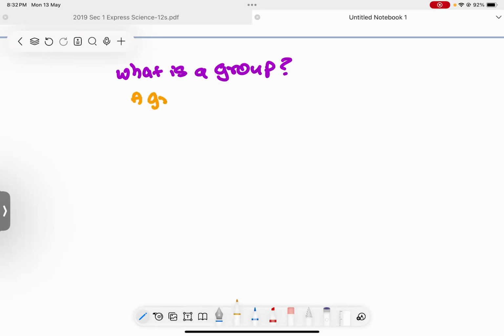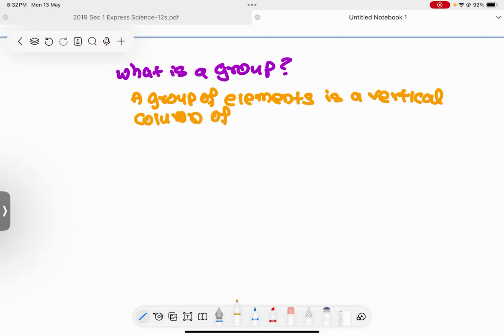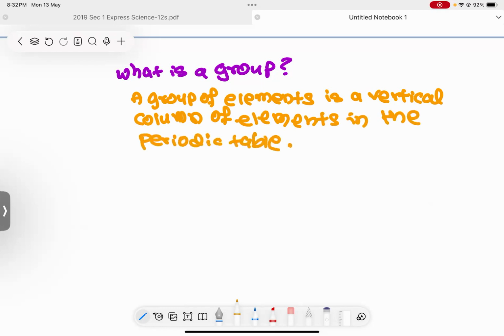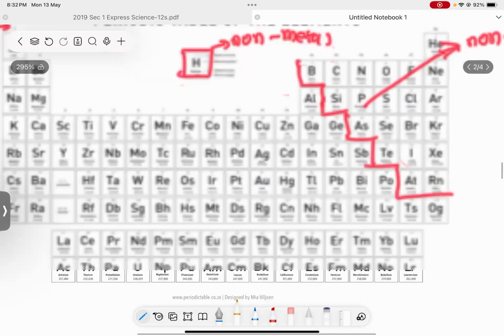A group of elements is a vertical column of elements in the periodic table.